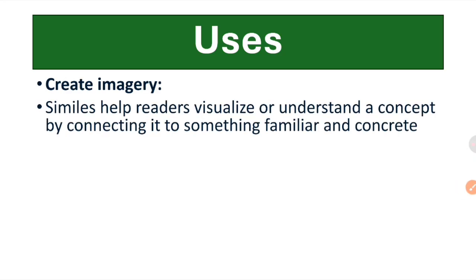For example, similes help readers visualize or understand a concept by connecting it to something familiar and concrete. So suppose you are saying she is as busy as a bee. That means I can imagine that a bee is always busy collecting honey, all the time busy, all the time active.